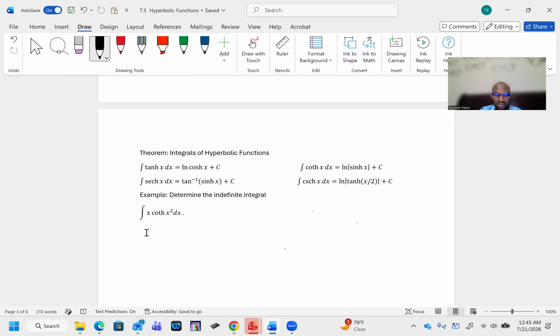X squared dx, right? What did I say? X squared dx. So you don't get confused. Okay? When you see x squared, you have to know these two are not the same.